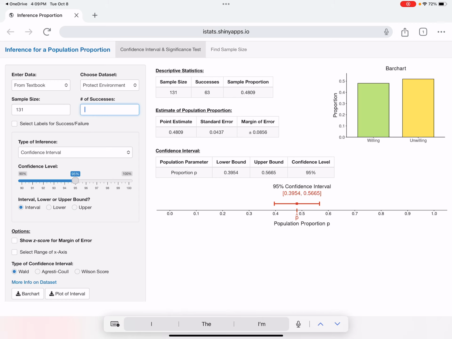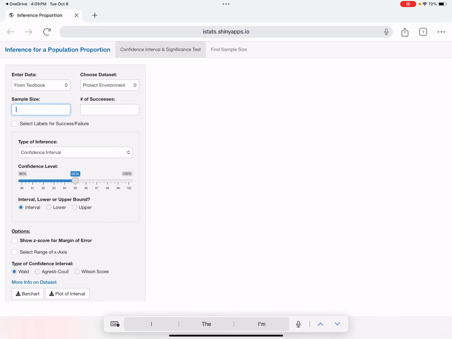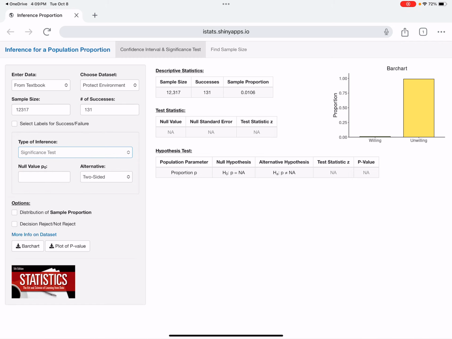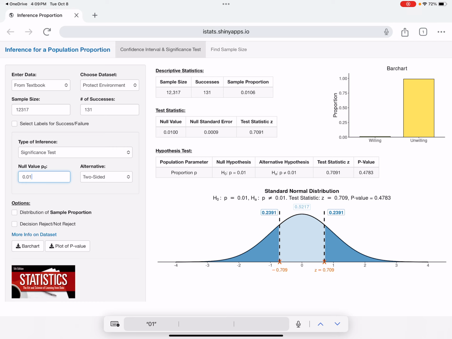Or sorry, this should be our sample size, 12,317. Number of successes was 131. And we don't want a confidence interval just yet. We want a hypothesis test. The null hypothesis said that P should be equal to 0.01, right? 1%. And we didn't want a two-sided test. We wanted a right-tailed test.